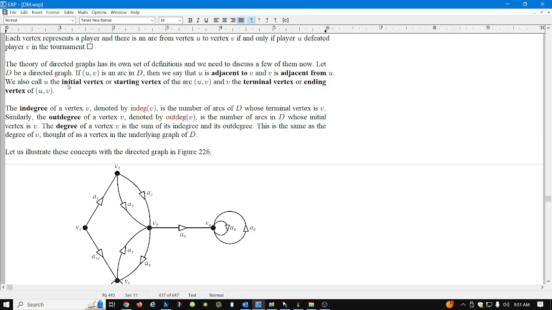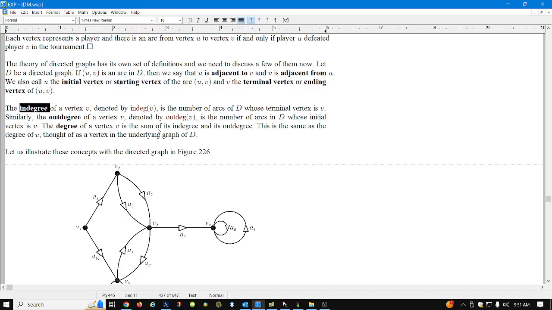As to the degree of a vertex, the in degree of a vertex V, which I'll denote by INDEG, is the number of arcs in the graph whose terminal vertex is V. So they end at V. They come into V. That's the in degree. And the out degree is similar.